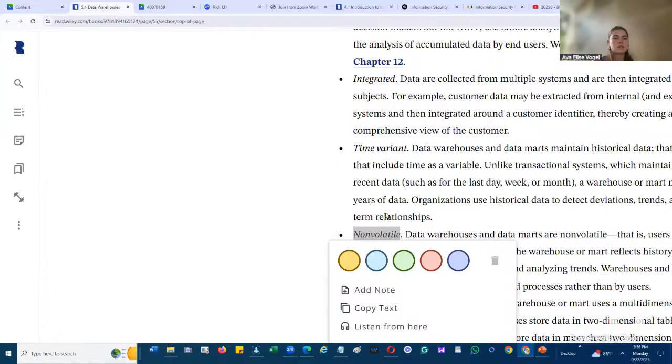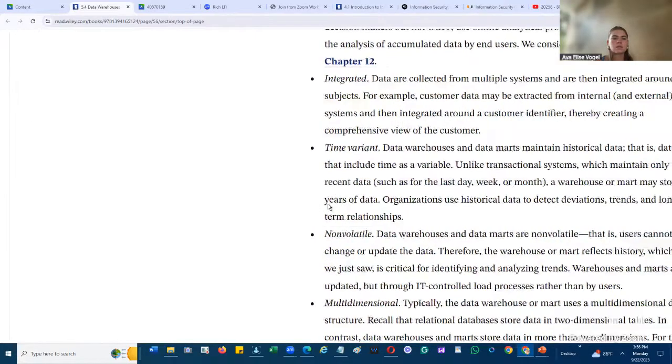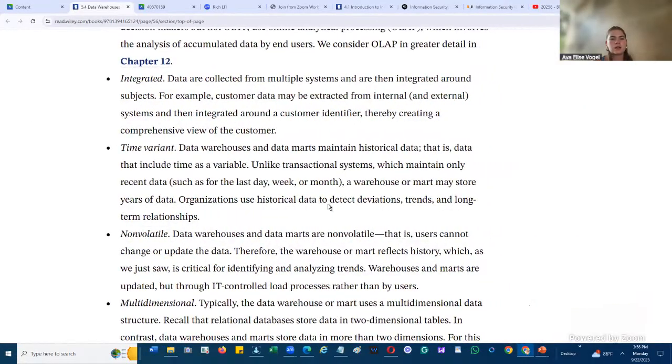It's retaining data even if there's a break in the power supply. Yeah, it means that it's not going to disappear. So the users can't change it, the data, they can't update the data. Why? Because we want to reflect the history.